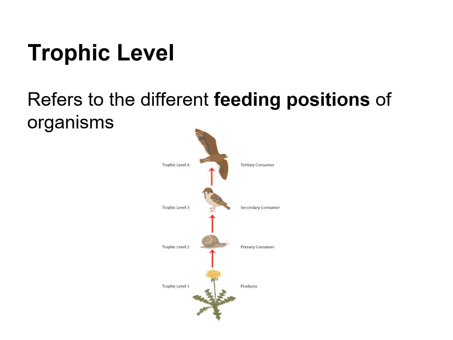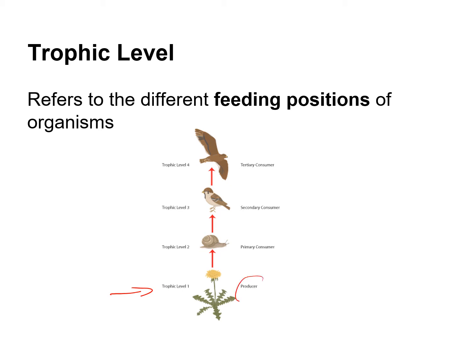Trophic levels are just where things stand in terms of the energy usage and consumption in an ecological habitat. So the trophic levels refer to different feeding positions of organisms. You can read this at trophic level 1 down here. We've got this dandelion.